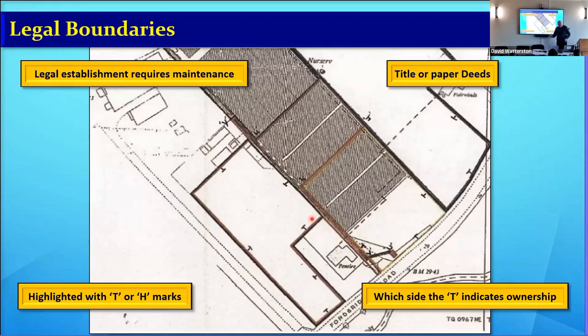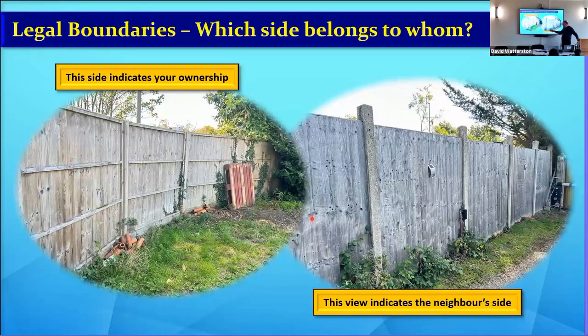There'll be cases where you've got a nice face, whatever it is, and generally the boundary will be owned by the neighbour, and the reason being that he always will put the good side to face you. So if you can see the construction of the boundary, how it's made up, then you own the boundary, because you put the good side to your neighbour.